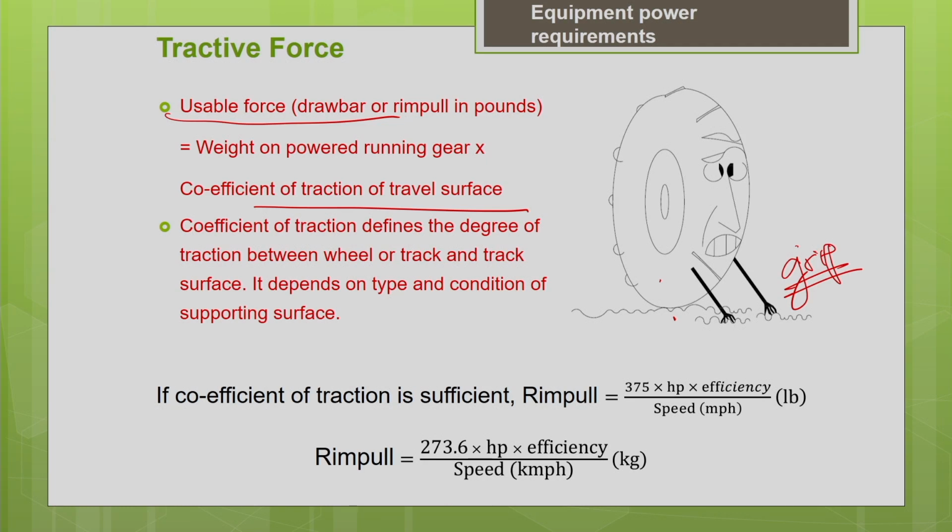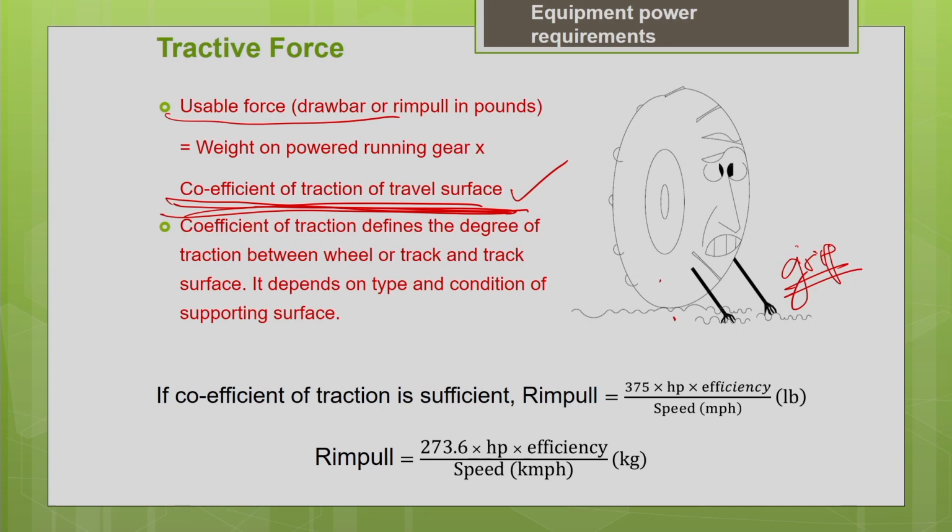How much portion is going to be converted into usable power depends upon the coefficient of traction of the travel surface. That varies from surface to surface. This value also I can get from the literature. For example, for a slippery surface, obviously the coefficient of traction will be less.